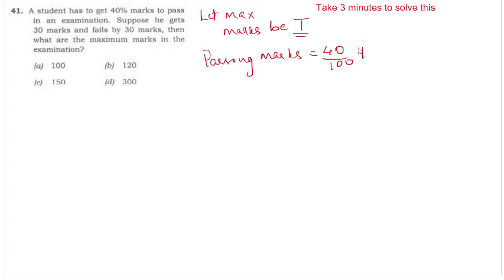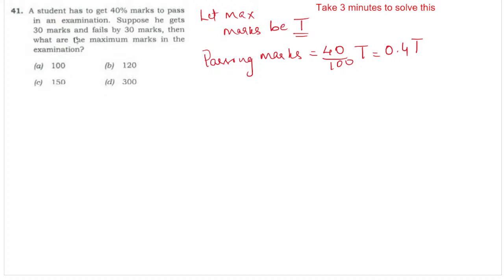So let the max marks be T, total marks are T. And the passing marks, a student has to get 40% of this T to pass the exam. So the passing marks is equal to 40% of T, that is equal to 0.4 T.